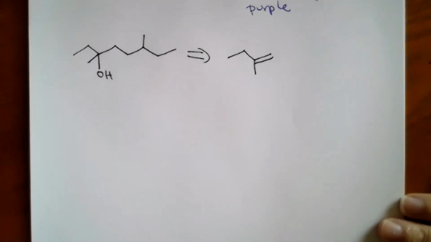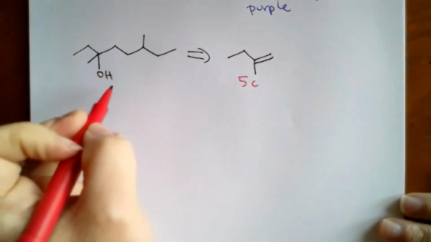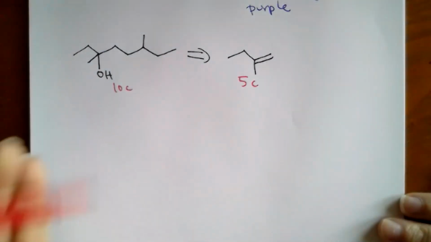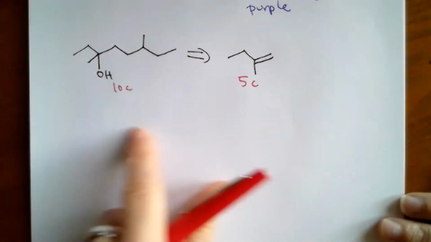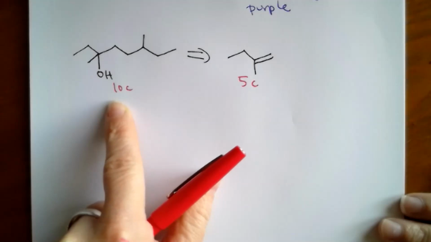So the first thing I pay attention to is this thing has 5 carbons and this thing has 10. And I'm wanting to make 2 of these combined together to make that. I need to make a carbon-carbon bond, and I hope the first thing you reach for is a Grignard something to make this carbon-carbon bond.